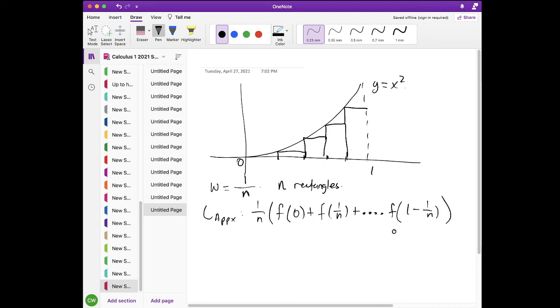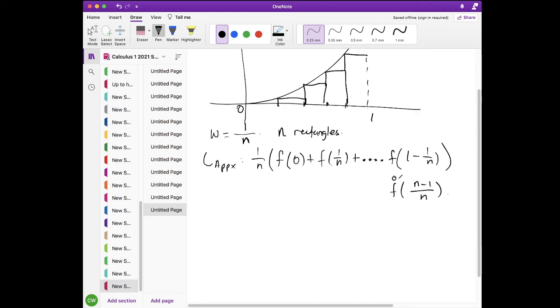We're going to use this one, the other way around. It's n minus 1 over n. If you added one more, you get 1.